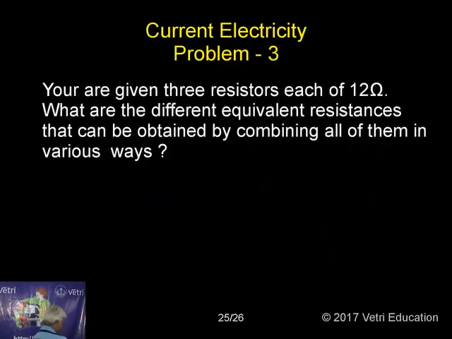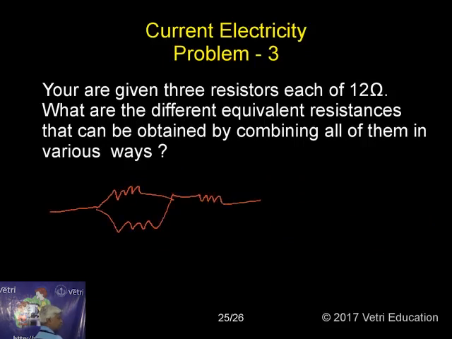If the resistors are connected in this way, what will happen? So many connections I have. This is also 12, this is also 12, this is also 12. These two are connected in parallel. Therefore 1 by 12 plus 1 by 12, that is 2 by 12 or 12 by 2, that is 6, plus 12, that becomes 18 ohms.